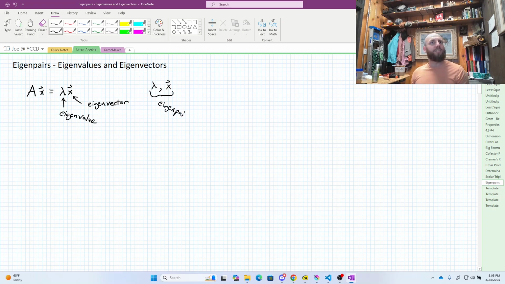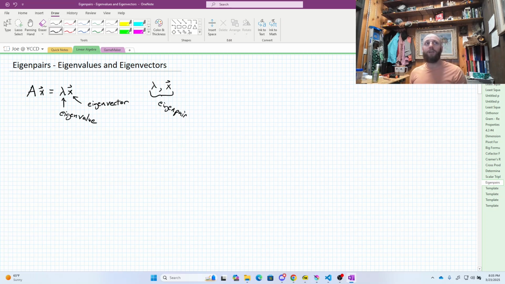This isn't extremely standard notation, but it's a pretty popular word. I'm not a person who invented it or anything. Depending on who you take linear algebra from, they may or may not say the word eigenpair. I'm going to say it a lot because I find it to be a really useful concept.